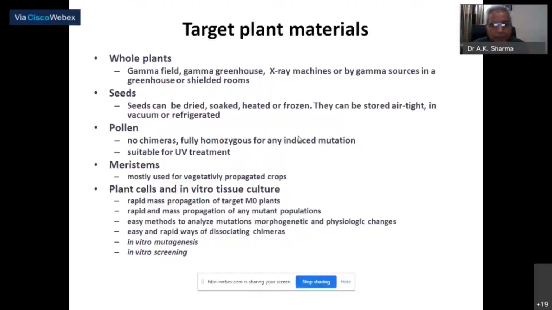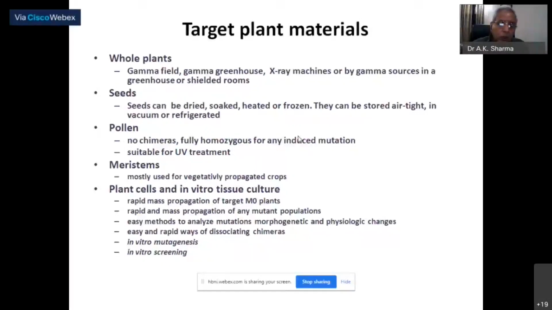Now, plant cells and in vitro tissue culture. It's also possible to propagate plant cells in tissue culture, and these tissue culture cells can also be subjected to mutation. So you can carry out what is called in vitro mutagenesis. In vitro means in test tube. You can grow these tissue culture materials, or they can be single cells, or culture tissue generated from meristems, and you can subject them to radiation.